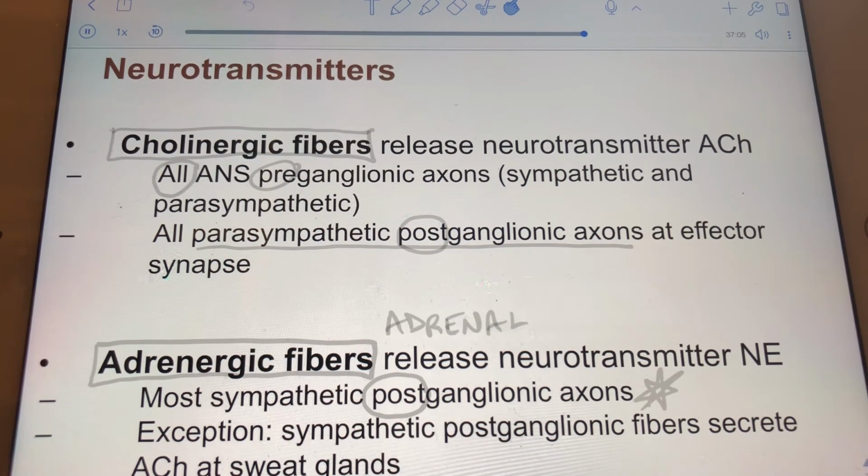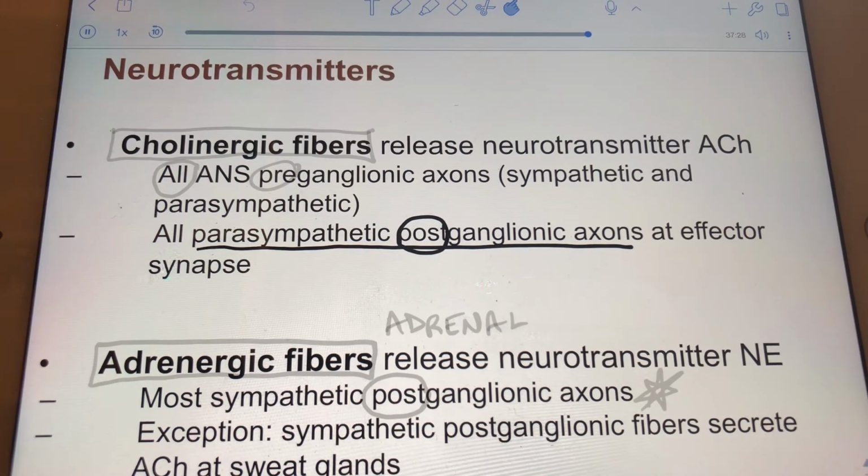Okay, and all of the autonomic nervous system preganglionic axons secrete acetylcholine. Okay, it's only the parasympathetic postganglionic axons that are secreting acetylcholine. Okay, so parasympathetic post, whereas all pre. Okay, and it's some, in fact most, of the sympathetic postganglionic axons that are secreting norepinephrine.